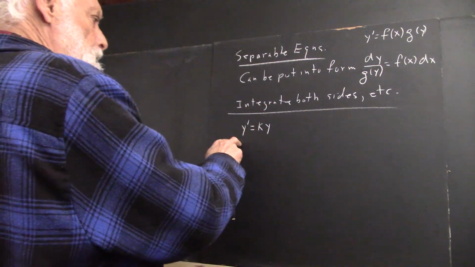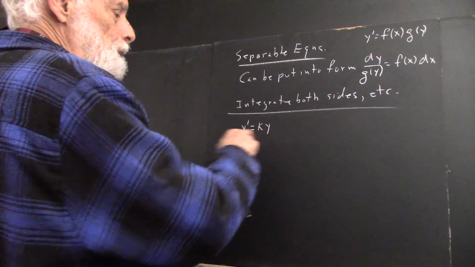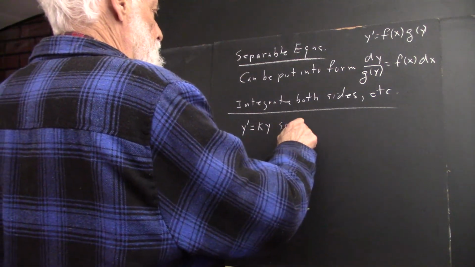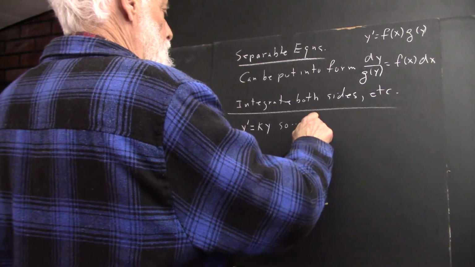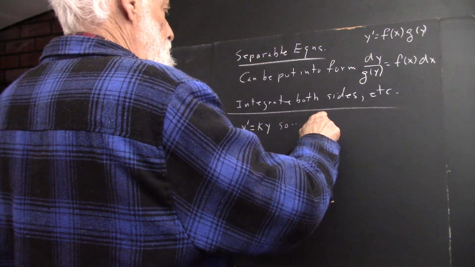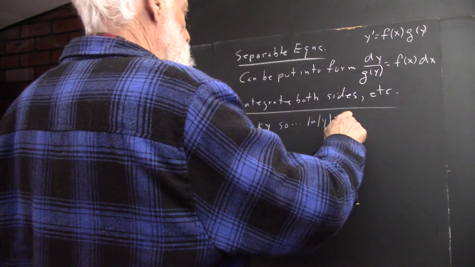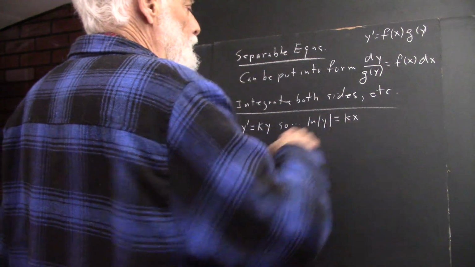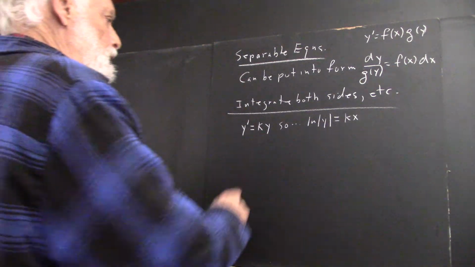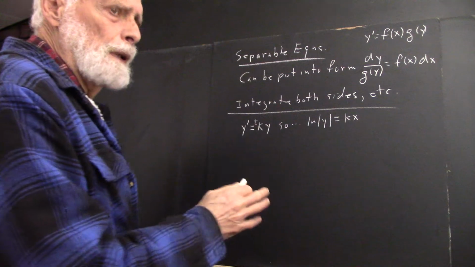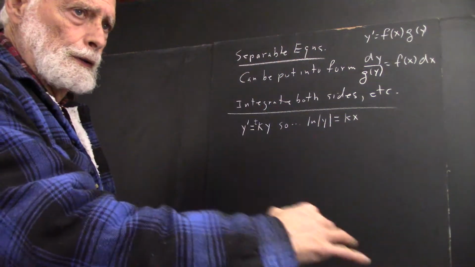The rate at which your population changes is some multiple of your population. So natural log of the absolute value of y equals kx. And this could be a plus k or a minus k, depending whether the population's increasing or decreasing.